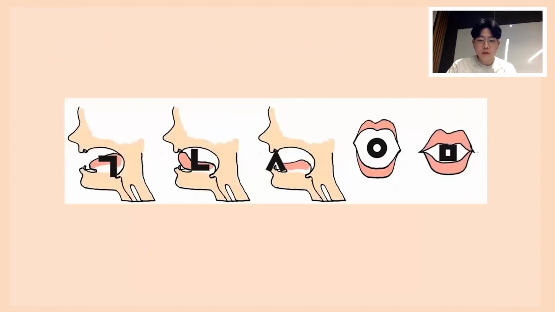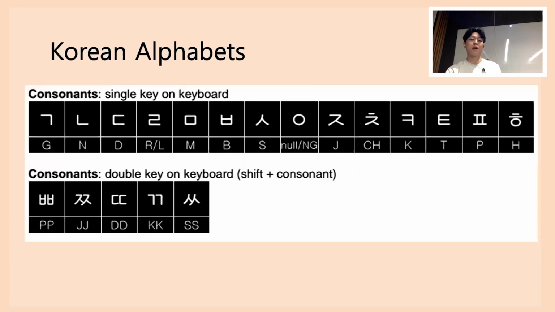It's basically made with the shapes of your tongue and your mouth so that it's easier for the people to learn and speak. Back then we spoke Chinese as our first language, and now Sejong the Great made it possible for us to have our own language, and it has developed over time.